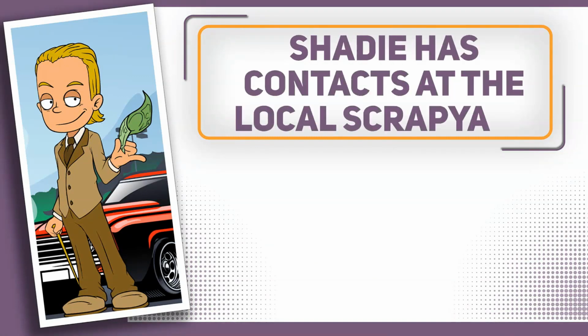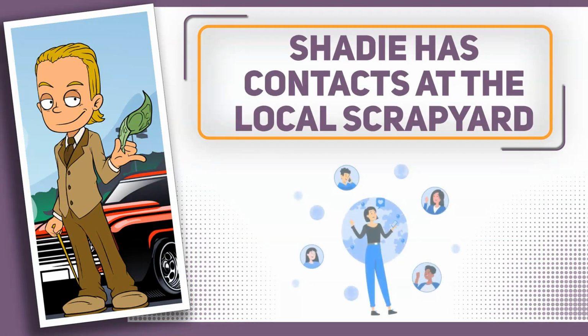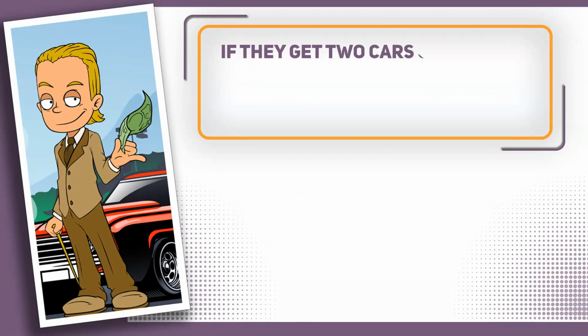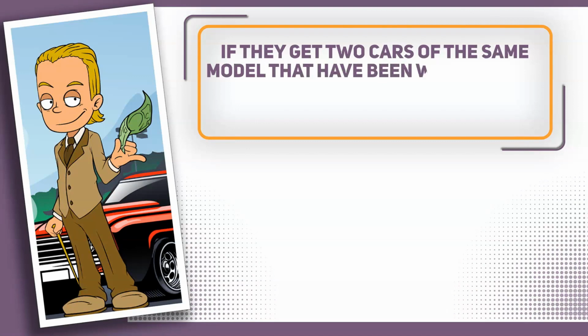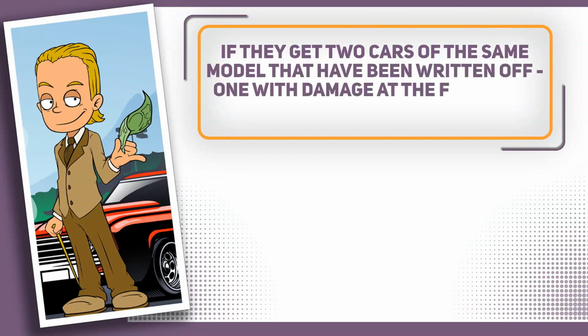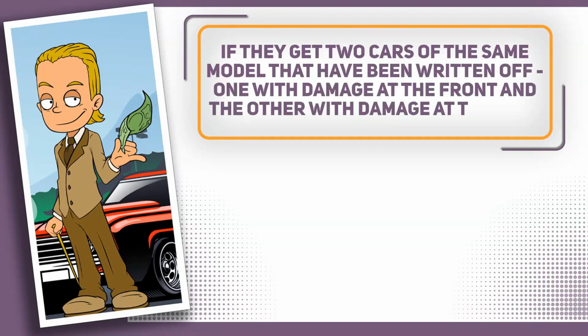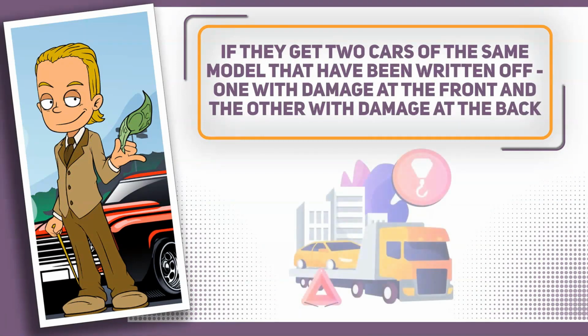Shady has contracts at the local scrapyard who buy up cars that have been written off after accidents. The scrapyard is supposed to only sell spare parts from the cars, but they have a hush-hush deal with Shady, where if they get 2 cars of the same model that have been written off, one with damage at the front and the other with damage at the back, they'll let Shady know.